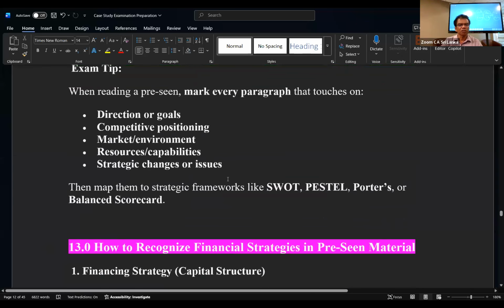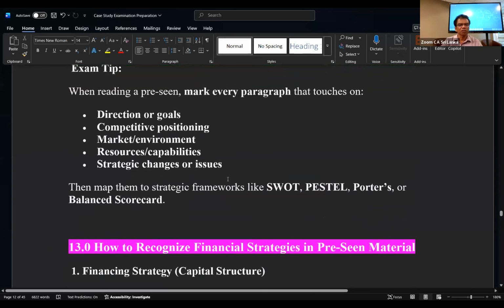How to recognize financial strategy in pre-seen materials. This refers to how the company funds its operations, equity versus debt. To find out what the capital structure is, whether the capital structure changed later on, various things, you have to get those.